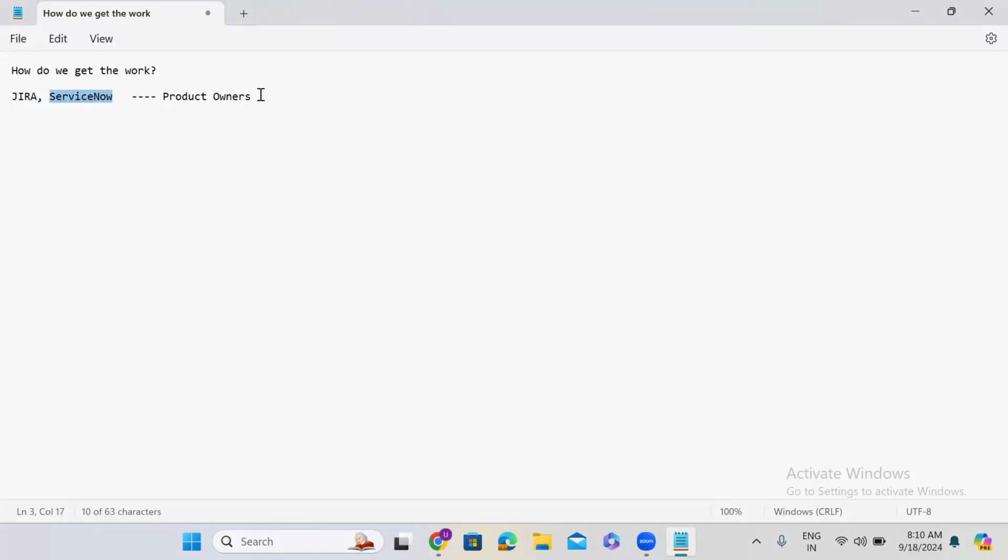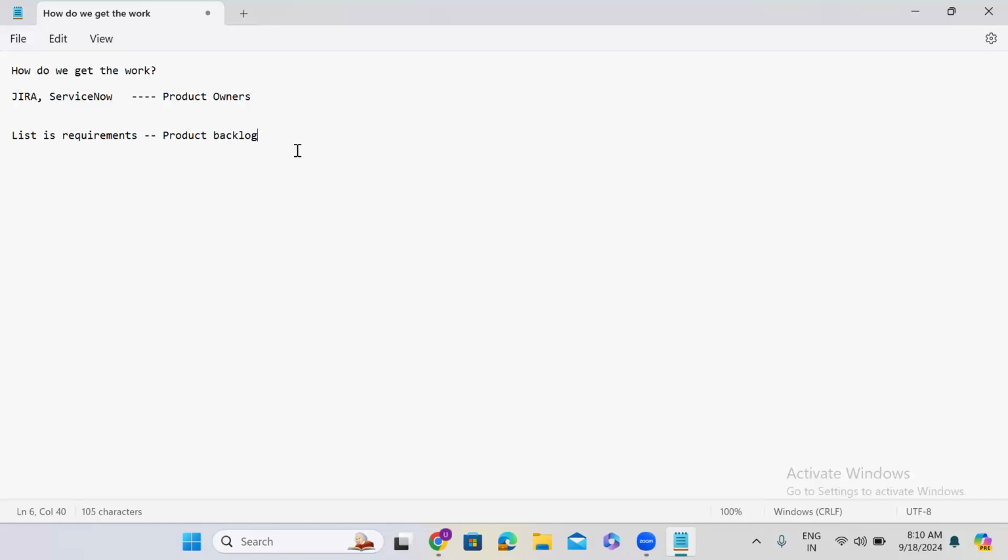Okay. The second thing, the list of requirements is called the product backlog. The list of requirements is actually called product backlog.